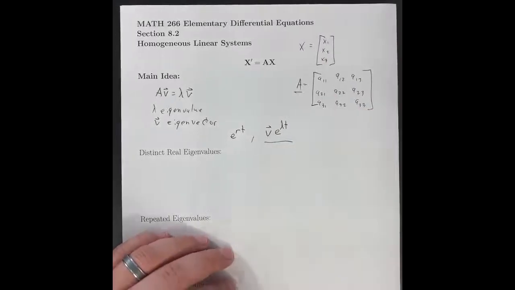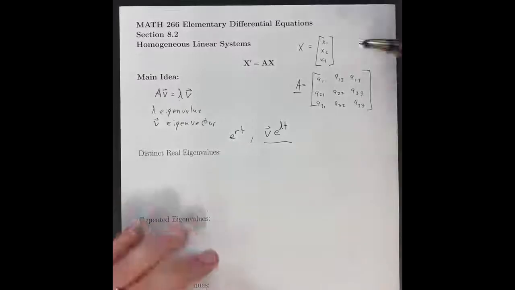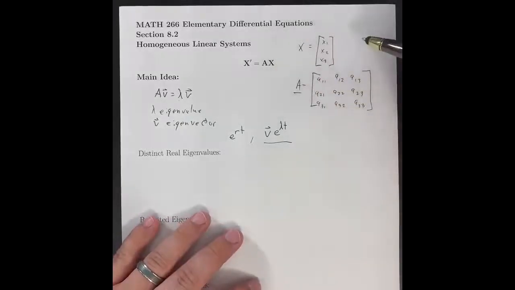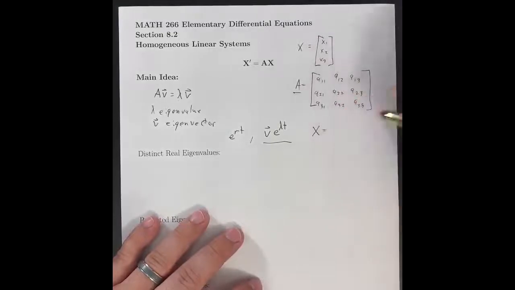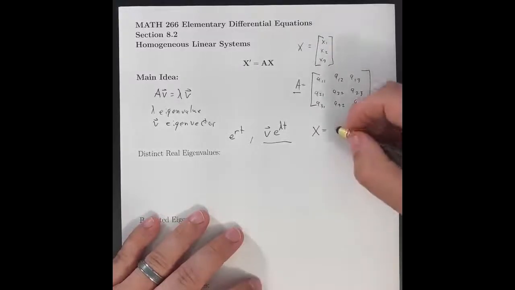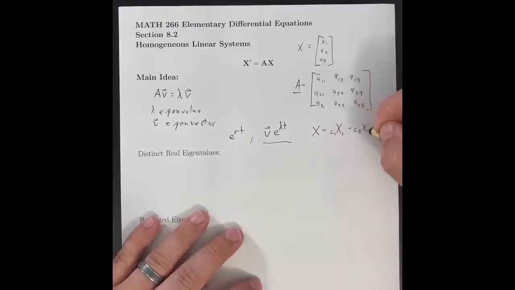Say we have a 3x3 system. In this case, our general solution x is going to be a combination of three separate linearly independent solutions, like c1 x1 plus c2 x2 plus c3 x3.